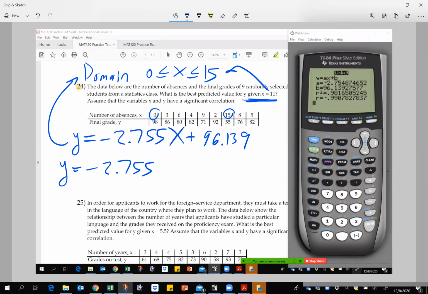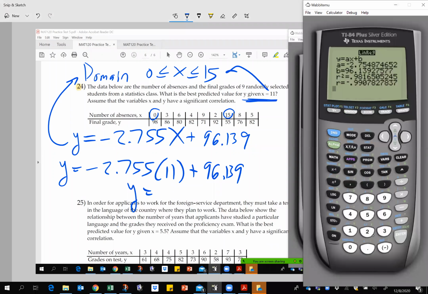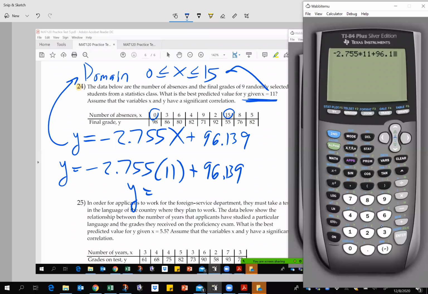Everywhere we see an x, we're going to put an 11. We can just throw that into the calculator: -2.755 times 11 plus 96.139.